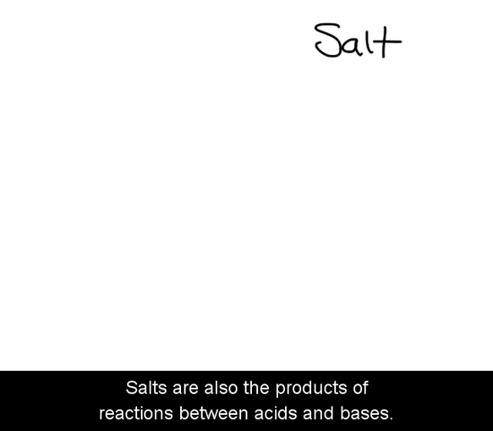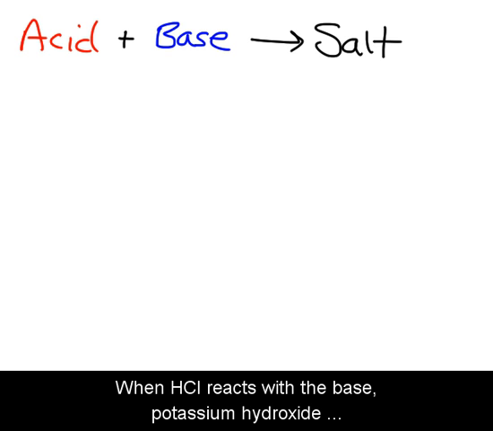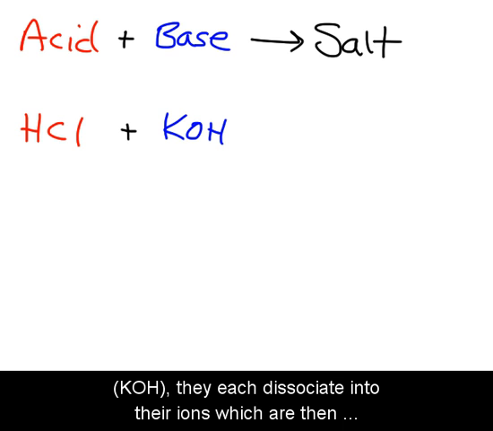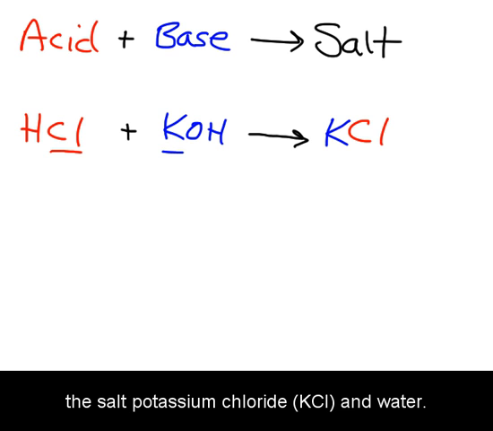Salts are also the products of reactions between acids and bases. When hydrochloric acid, HCl, reacts with the base potassium hydroxide, KOH, they each dissociate into their ions, which are then recombined in an exchange reaction to form two products, the salt potassium chloride, KCl, and water.